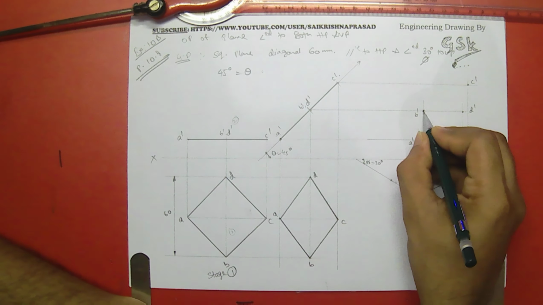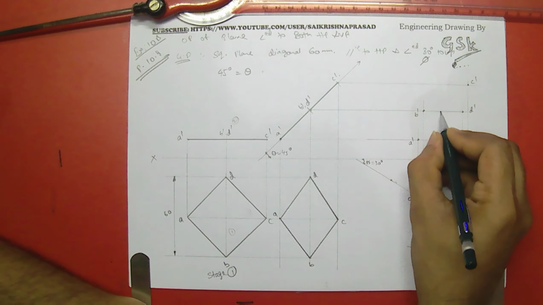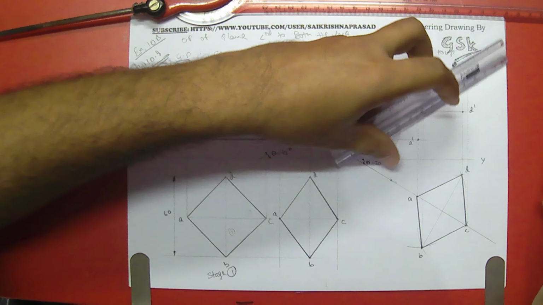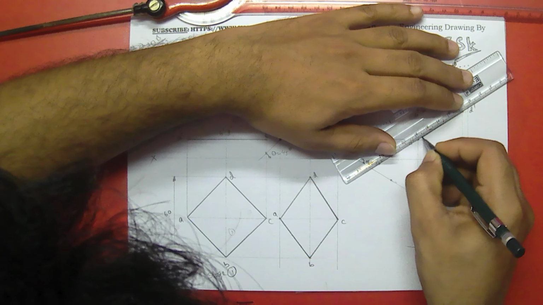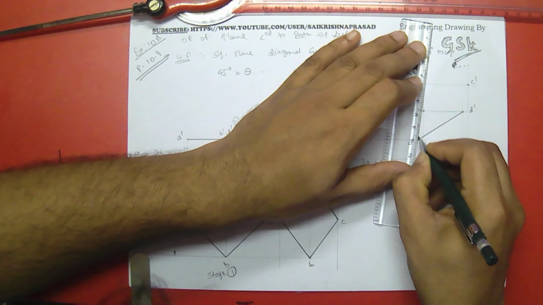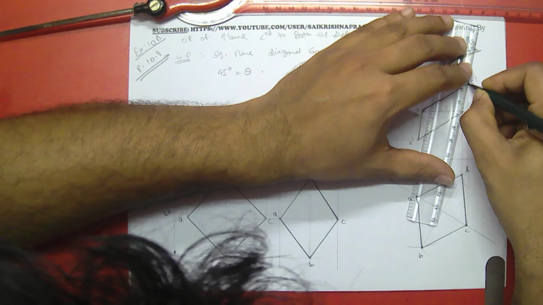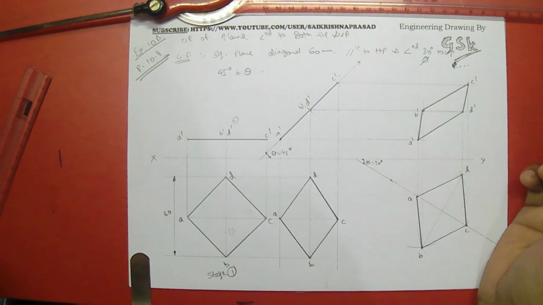BD, right? This BD is always parallel to the HP itself. This diagonal is parallel to HP.